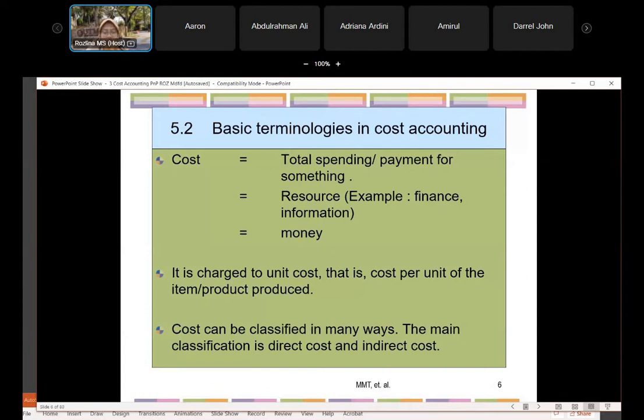When you talk about cost, it is not a single cost, it is a combination of these. It is charged to unit cost, cost per unit of the item or product produced. Cost can be classified in many ways. The main classification is direct cost and indirect cost.